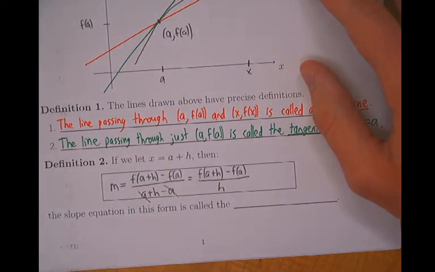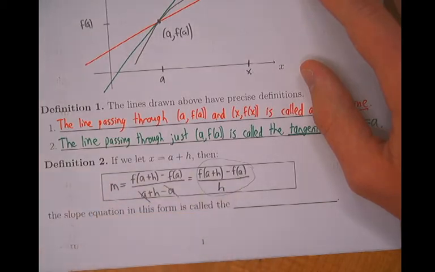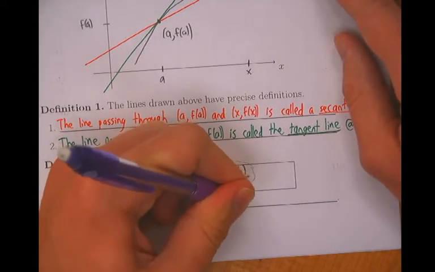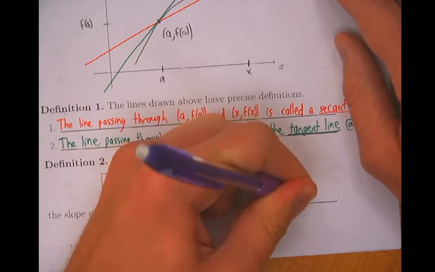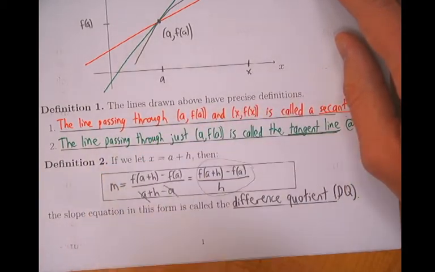If we utilize this slope equation in this form, this expression is what's known as the difference quotient, sometimes abbreviated as DQ. Okay.